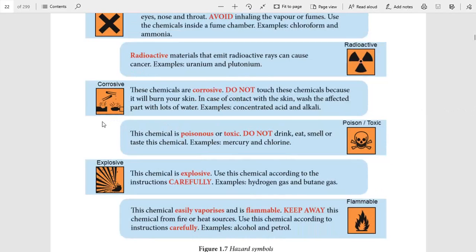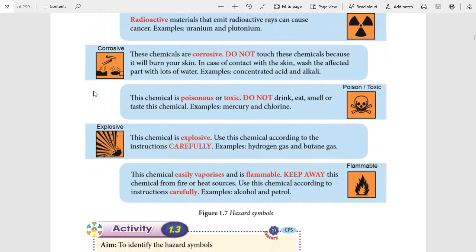You should not touch corrosive chemicals, because they will burn your skin. If you come into contact with a corrosive chemical, wash the affected area of your skin with a lot of water, for example concentrated acid and alkali.